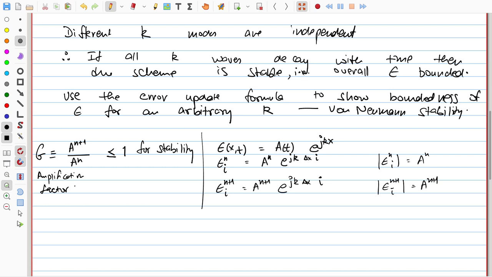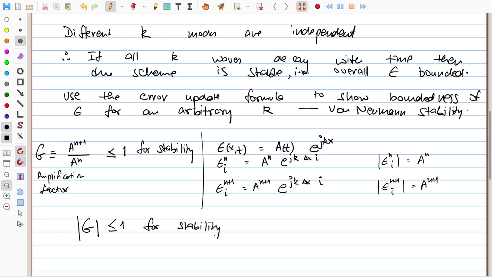Now typically amplitude is taken as positive, but when you do calculations, sometimes you get a negative. So you have to be strictly saying that the mod of g, which is the magnitude of the amplitude at the n plus 1 time divided by the magnitude of the amplitude at the nth time, has to be less than or equal to 1 for stability.